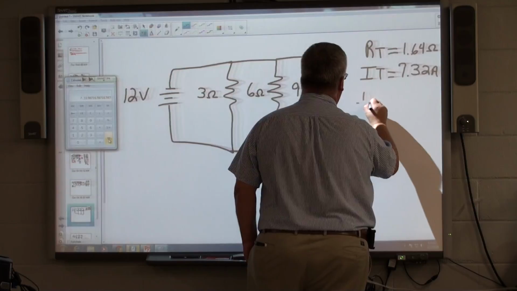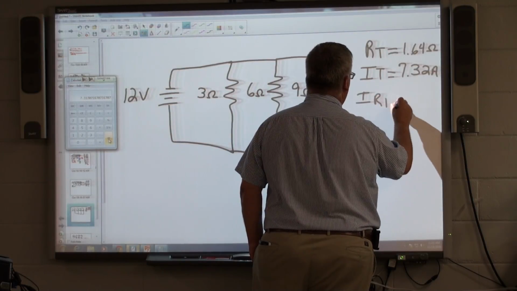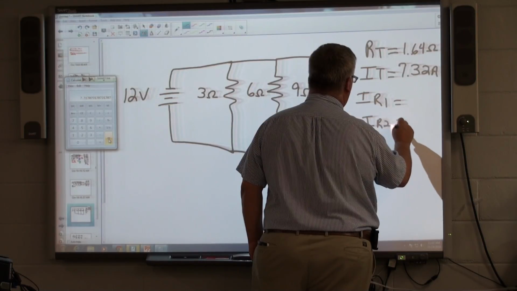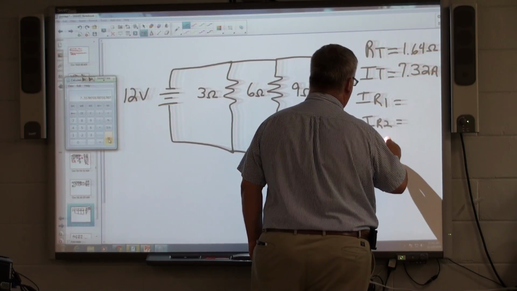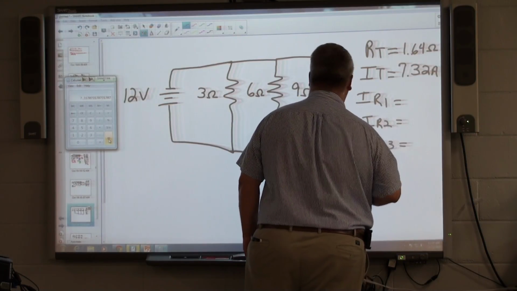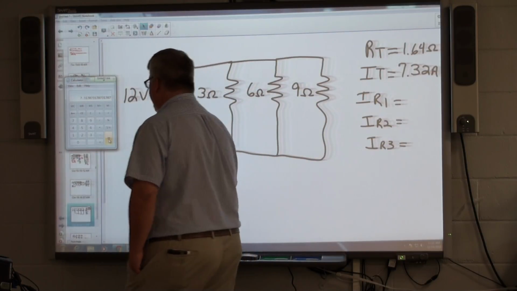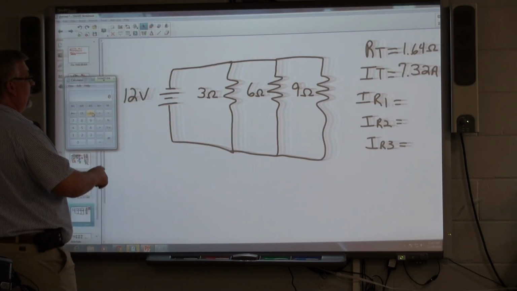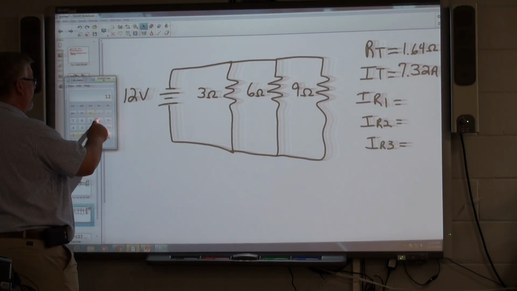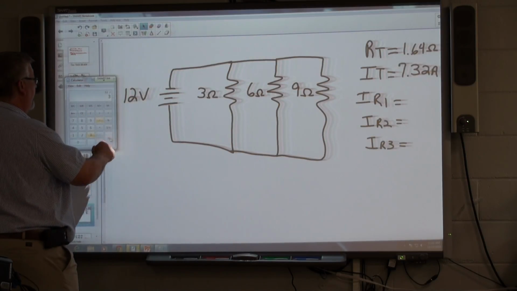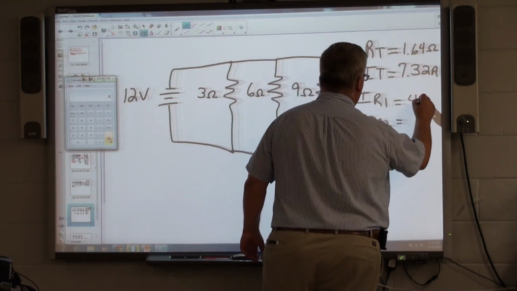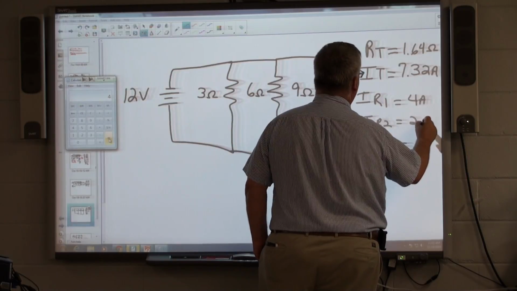So let's get I of R1, I of R2, I of R3. 12 divided by 3 equals 4 amps. 12 divided by 6 equals 2 amps.